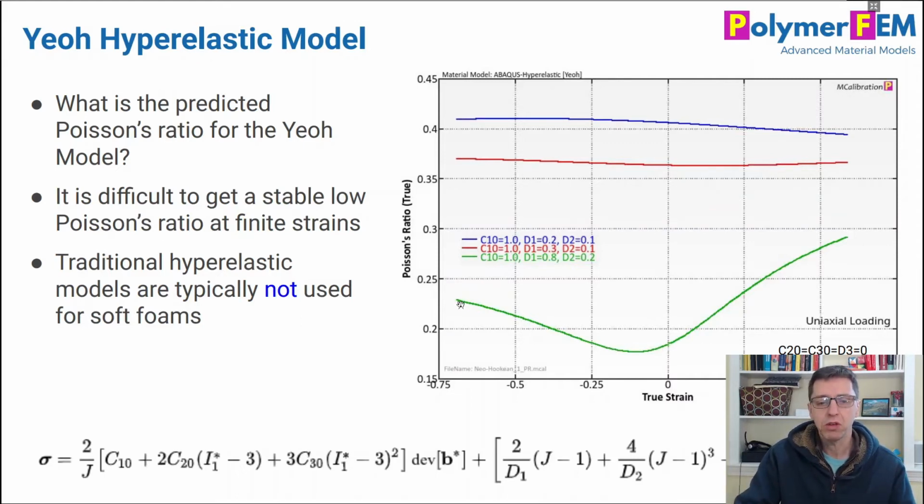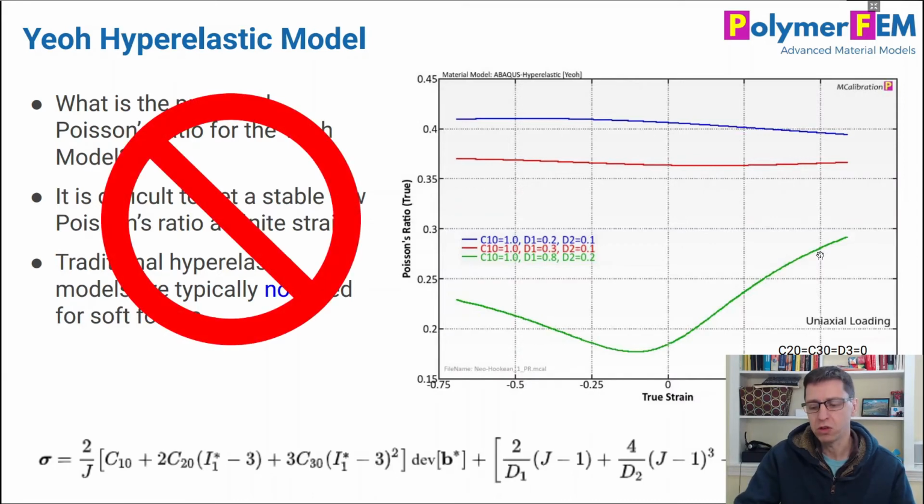And that allows us to have a more reasonable Poisson's ratio as a function of the applied strain. But it's still not very constant. It changes a lot, and you can't really control the shape of this curve. So it's a problematic situation. So I wouldn't say that you should use this kind of hyperelastic model for foams. That's not the recommended way.